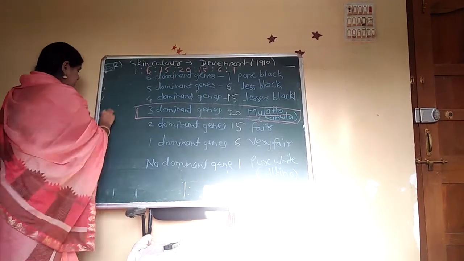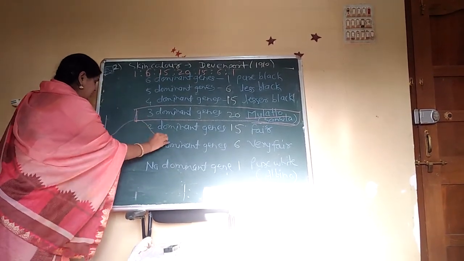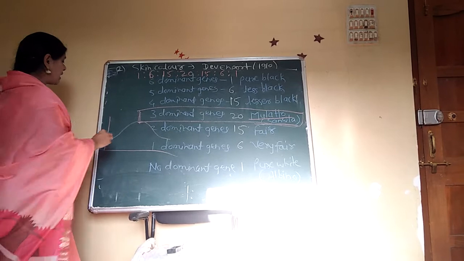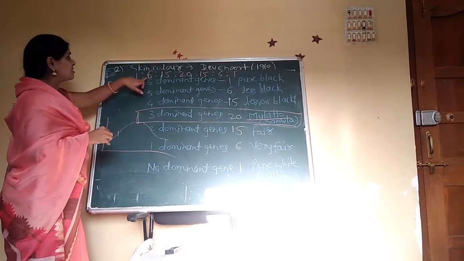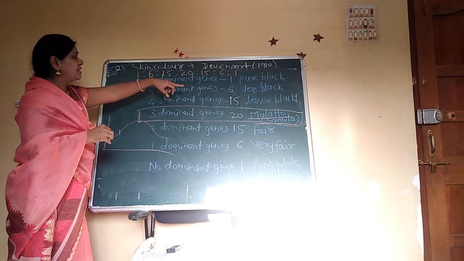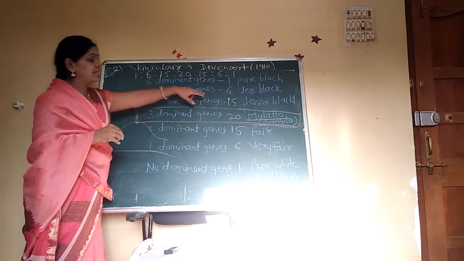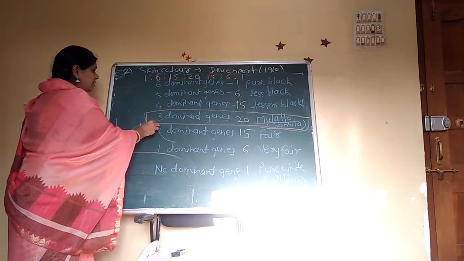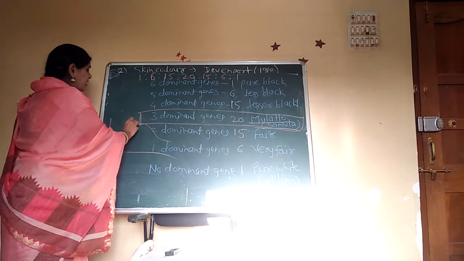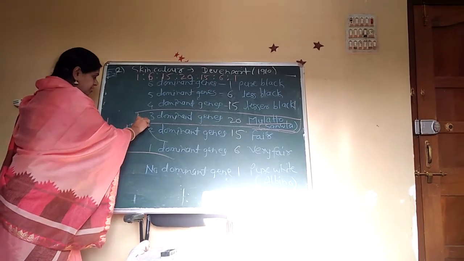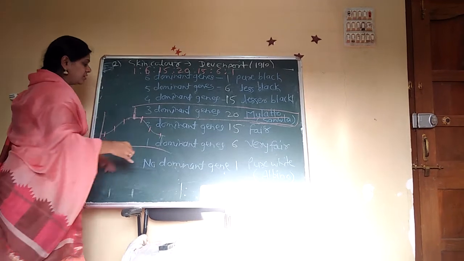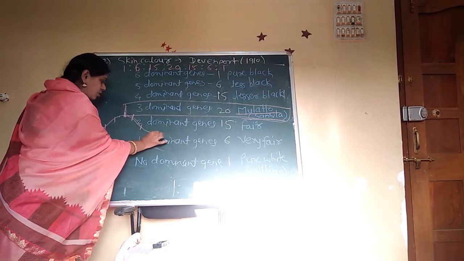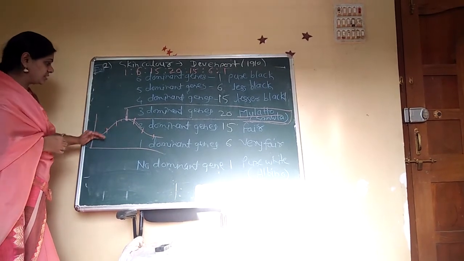In the graph, 1 is pure black, then six dominant genes, then five dominant genes, less black, then lesser black, intermediate, fair, very fair, and the albino, pure white. The graphic representation is like this for all polygenic inheritance.